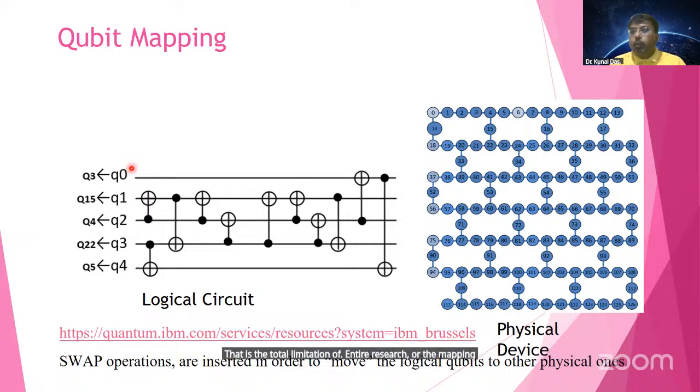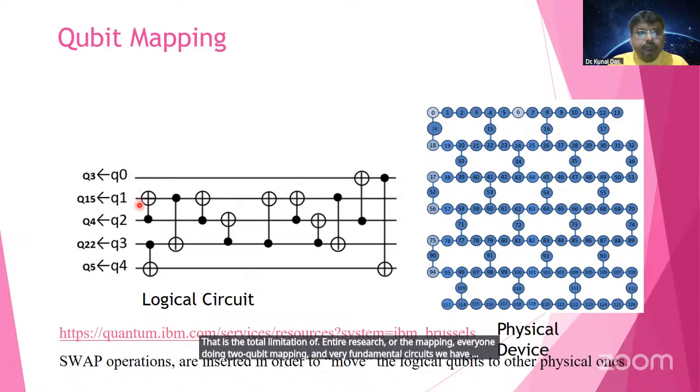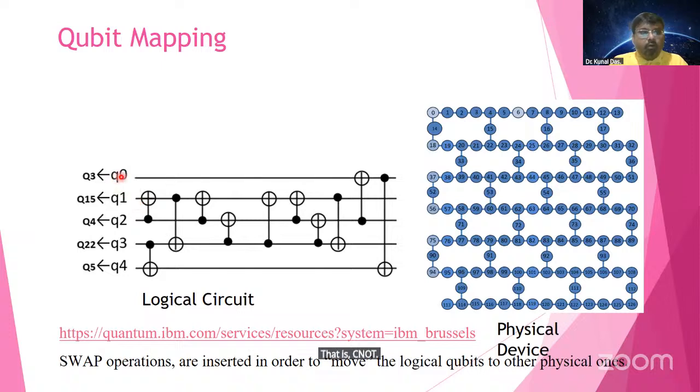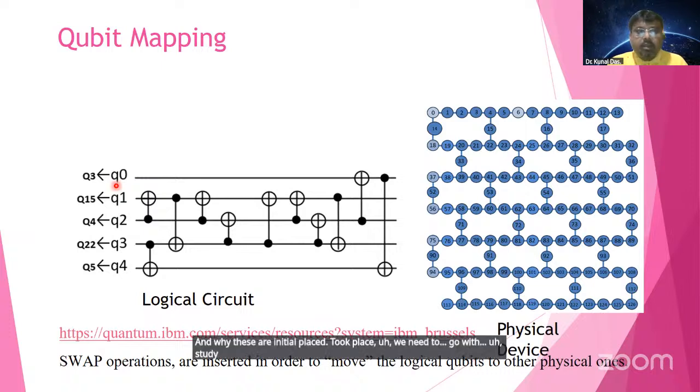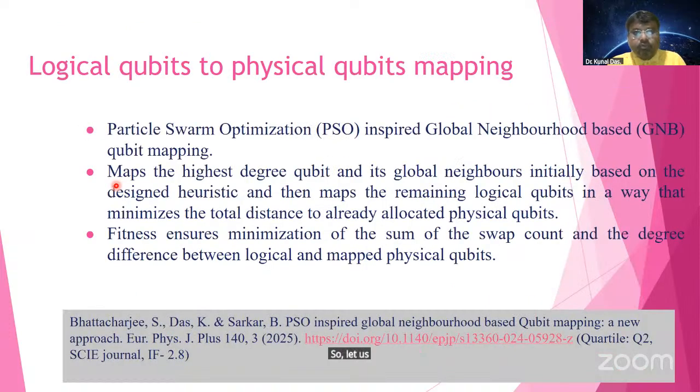Everyone is doing 2-qubit mapping, and very fundamental circuits we have considered, that is C0. Now these are the first initial placement, and why these are initially placed, we need to go with a study from this point of view. So let us move to that.